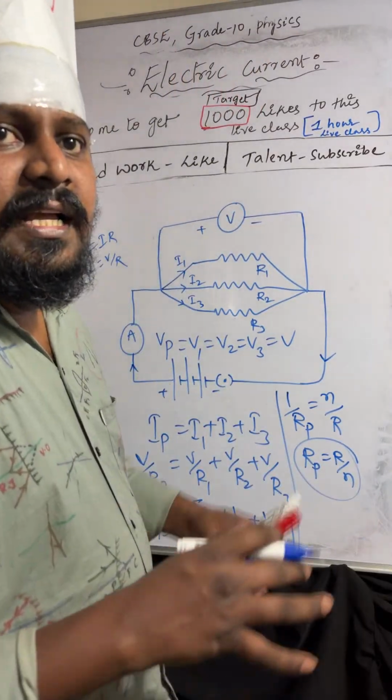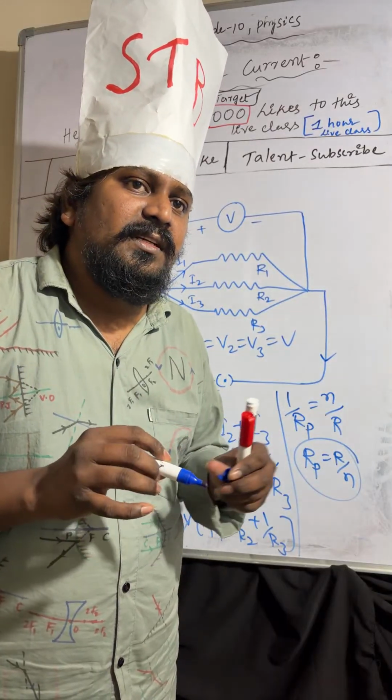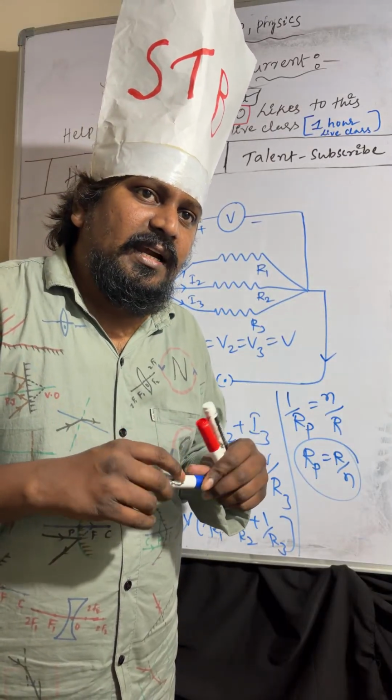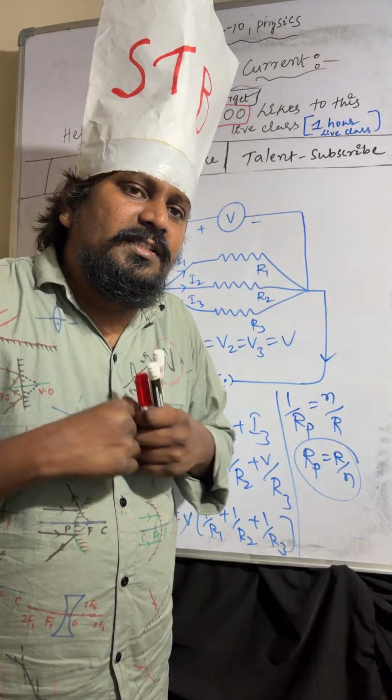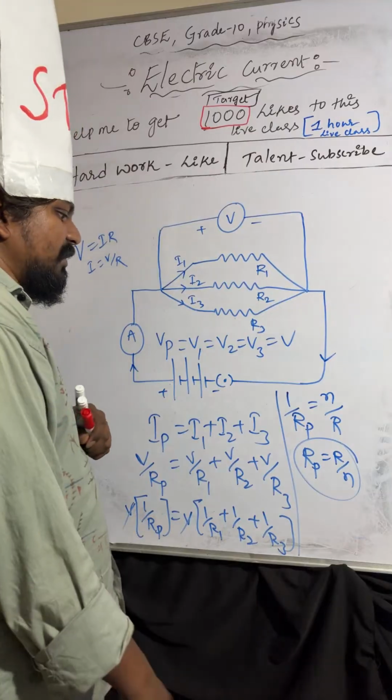So this is about resistors connected in parallel combination. I hope it is very clear, right?